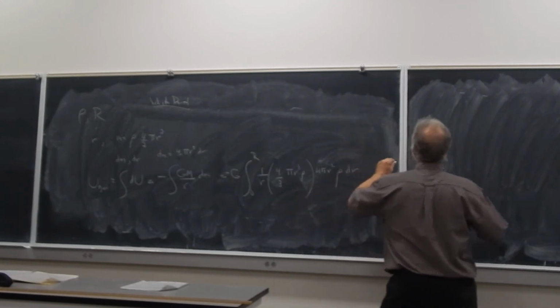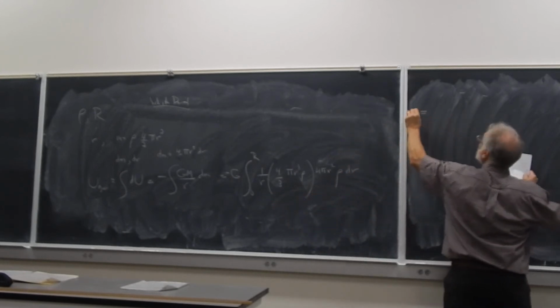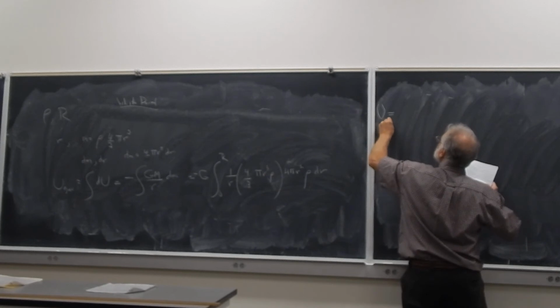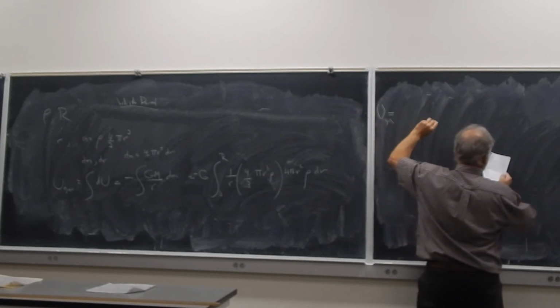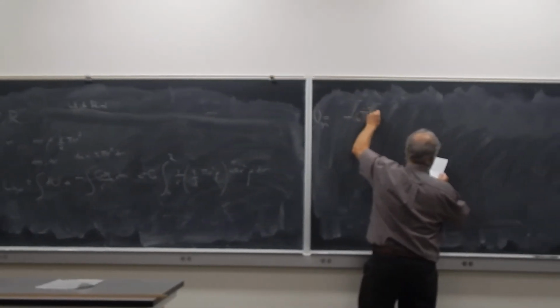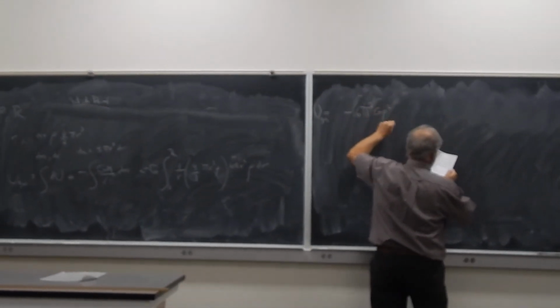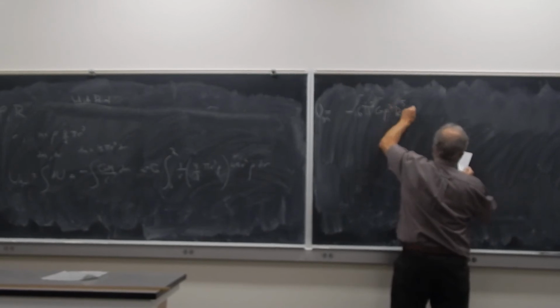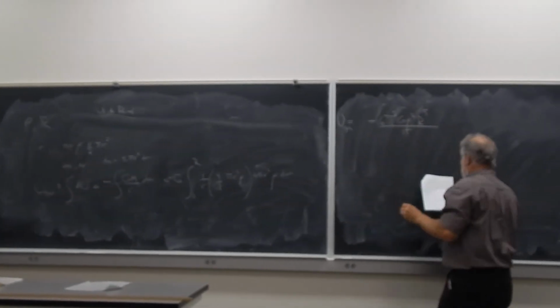Compute that all through, and I get that my gravitational potential is minus 16 pi squared G rho squared R to the 5th over 15.